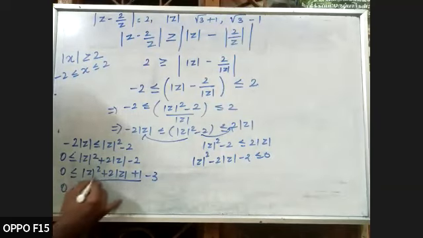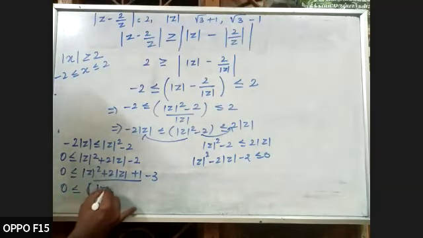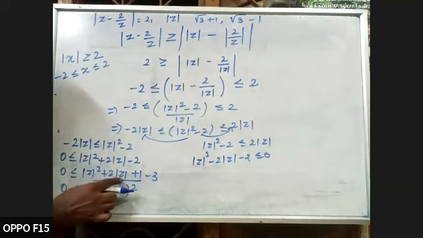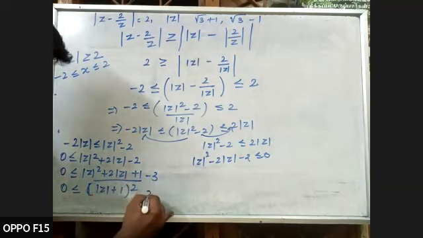0 less than or equal to modulus of z plus 1 the whole square minus 3. Expand and see: modulus of z square plus 2 into modulus of z plus 1 minus 3.